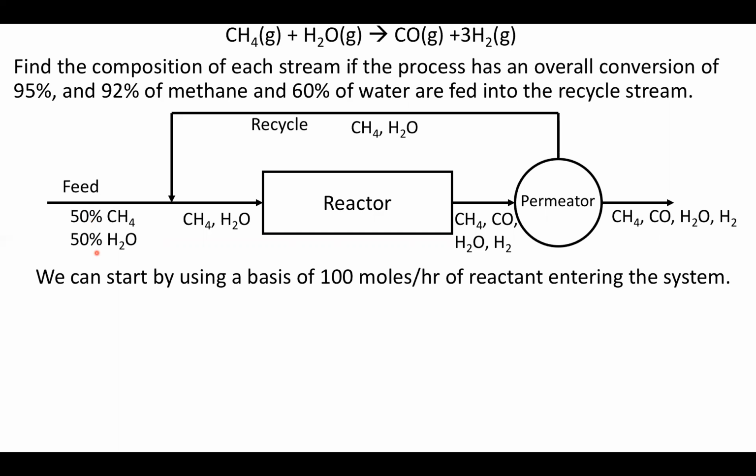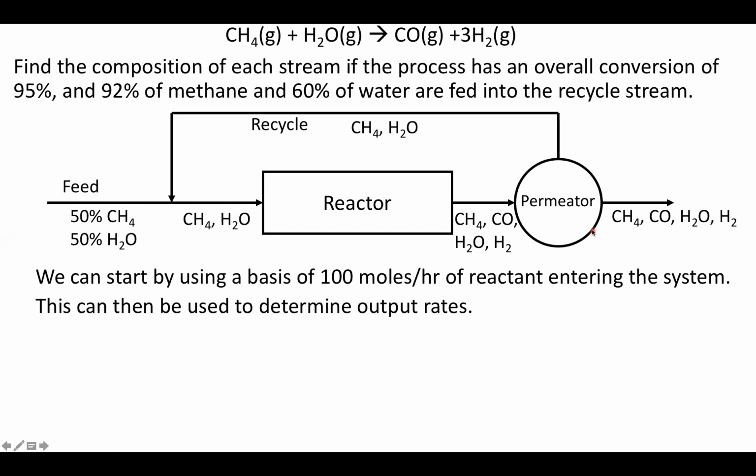So I like a nice basis of, say, 100 moles per hour of total reactant, so of feed entering the system. And using this, I can quickly determine that I've got 50 moles per hour of methane and 50 moles per hour of water entering the system.